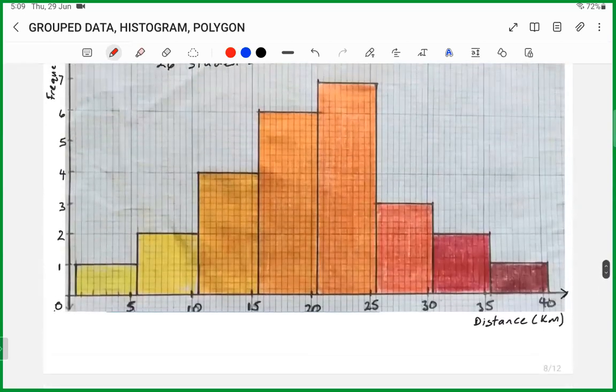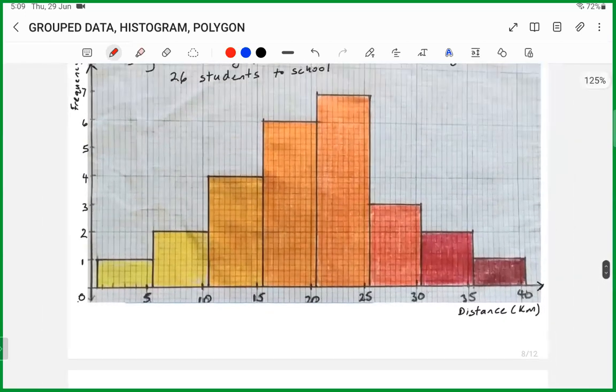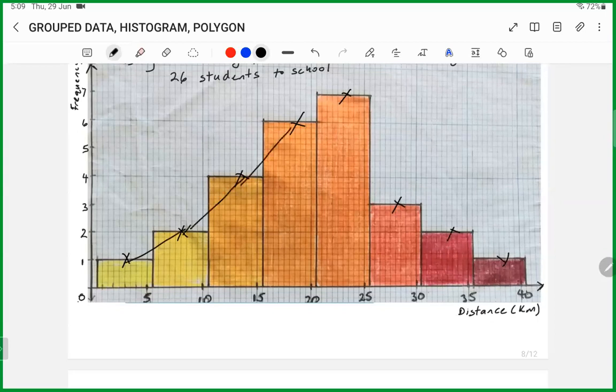So let me just go to a histogram. Now, if I were to take a histogram and then just take the midpoint of each class, right? And then join it. Not as scrappy as this, of course. If I were to join it, and of course I would have to join back to the x-axis, right?